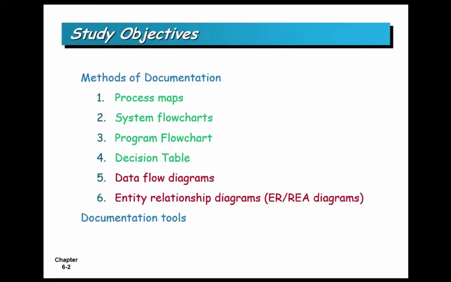I believe that's Chapter 8 where you get it, but we'll touch on it in Chapter 7. These other 4 are very useful documentation styles. We've actually seen process maps as part of 7a, and we'll talk about the others as well. System flowcharts were very popular in the older way of implementing computer systems.